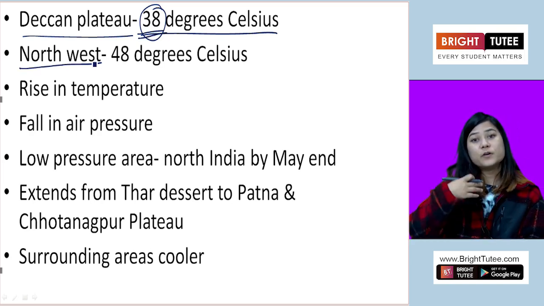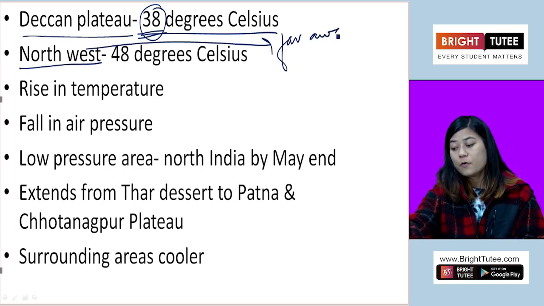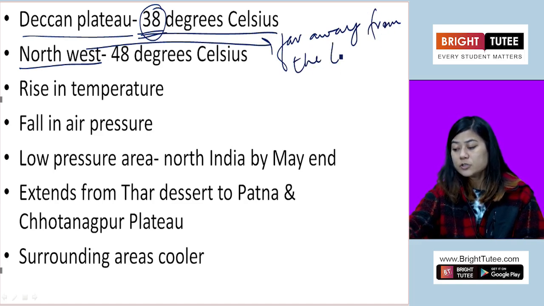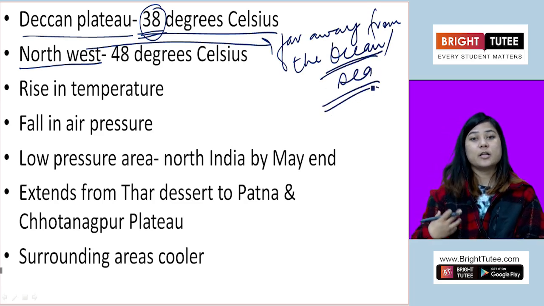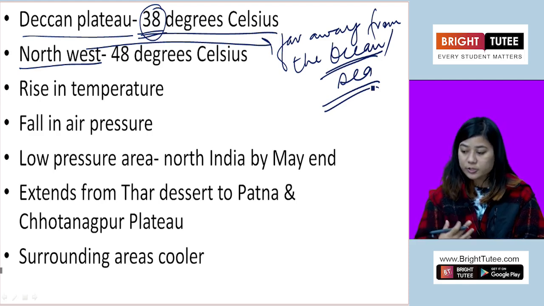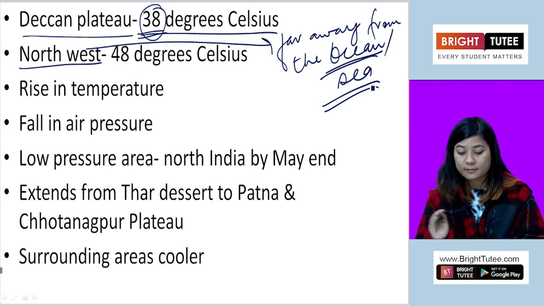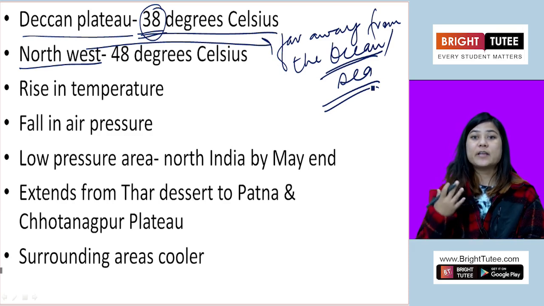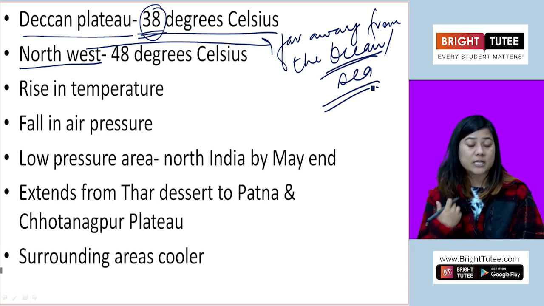But if you move further northwest, which is far away from the water bodies, the ocean or the sea, right? The ocean that surrounds the peninsula in India is the Indian Ocean, and there are two seas on either side. One is the Bay of Bengal and the other is the Arabian Sea. So if you look at, for example, Punjab, it is very far away from the Arabian Sea or the Indian Ocean.